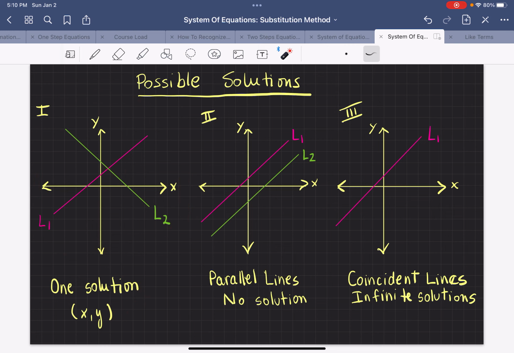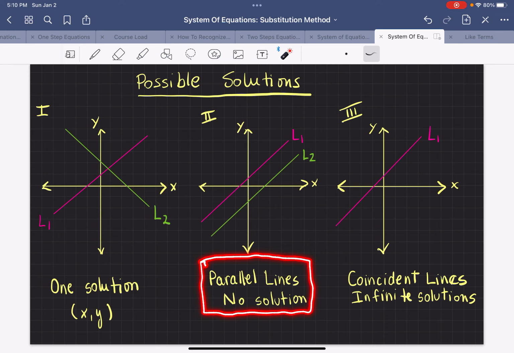But it can also happen that the two lines are parallel lines. When that happens, you have no solution. Why? Because the two lines never intersect. They never touch, so you're not able to find a point where the two lines intersect.